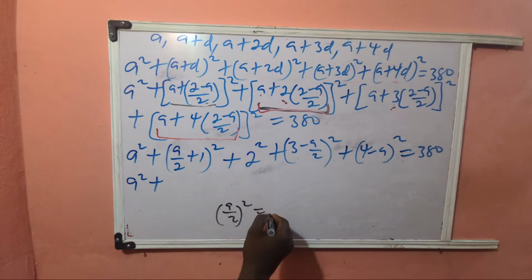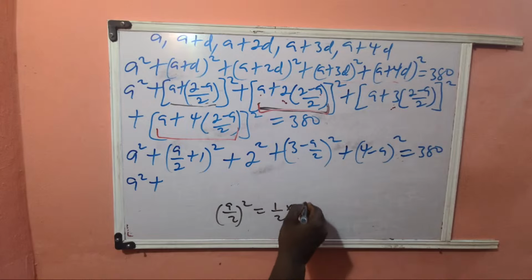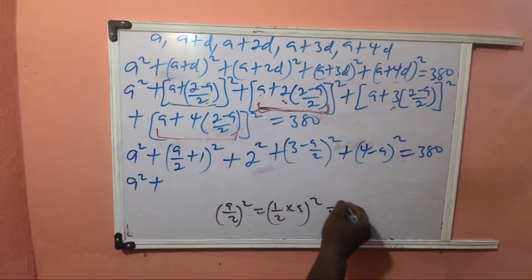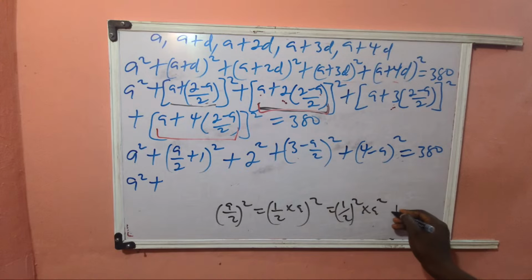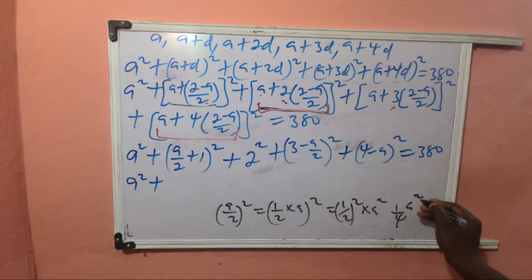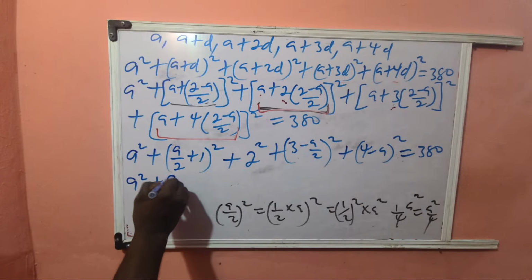It's the same thing as writing 1 over 2 times a, squared, the same as 1 over 2 squared times a squared. And 1 over 2 squared will be 1 over 4. So that will be 1 over 4 a squared, so this is a squared over 4.